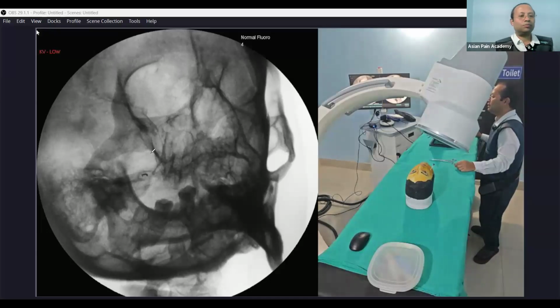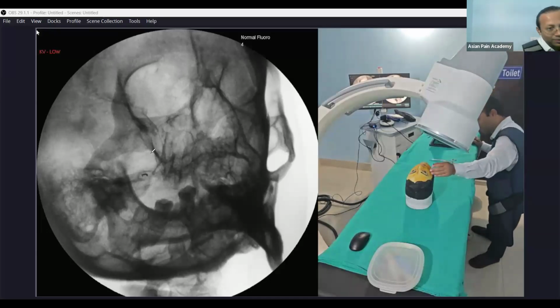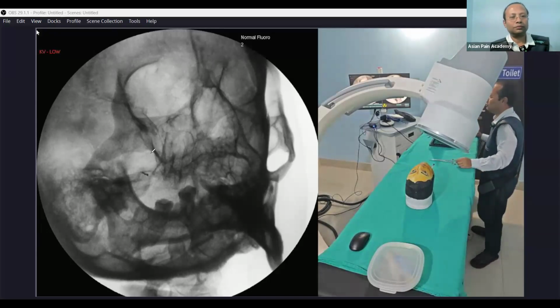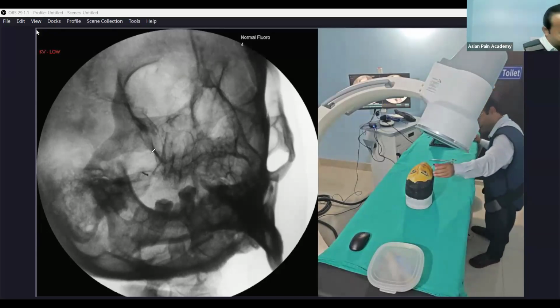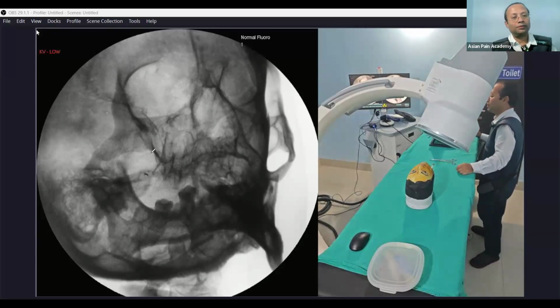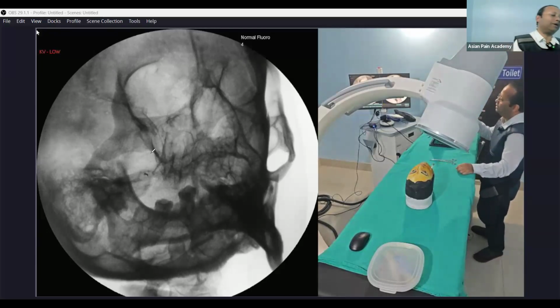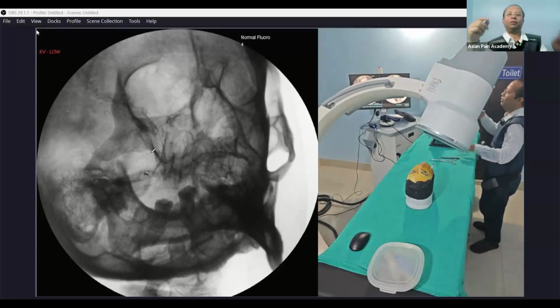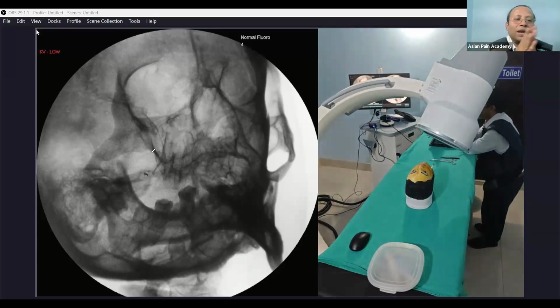So you see the tip, I can make it completely rotated. So in a different angle, I can change it from outside. In this way, when we rotate the hub, the angle of the tip also changes, so we can make the lesion size a bit bigger.